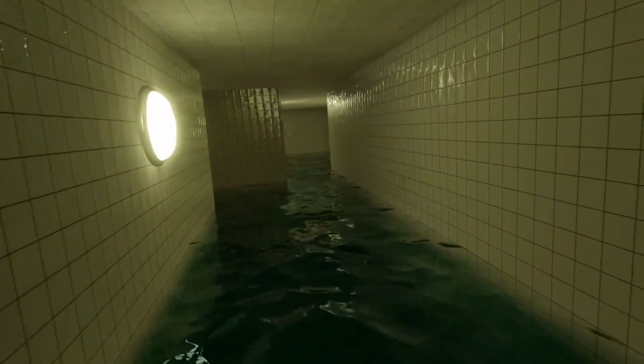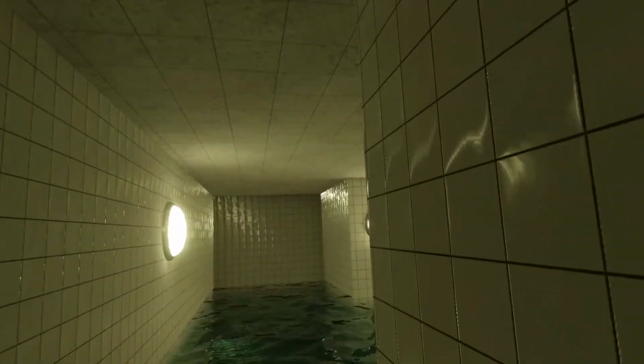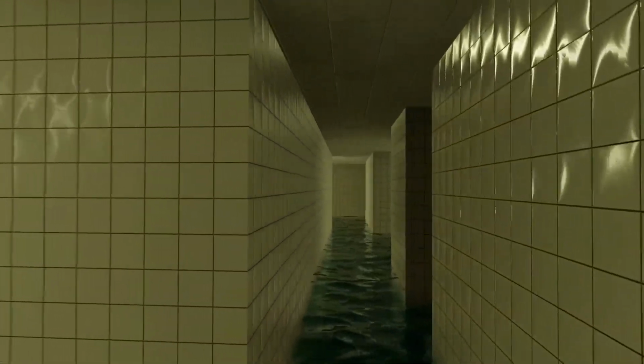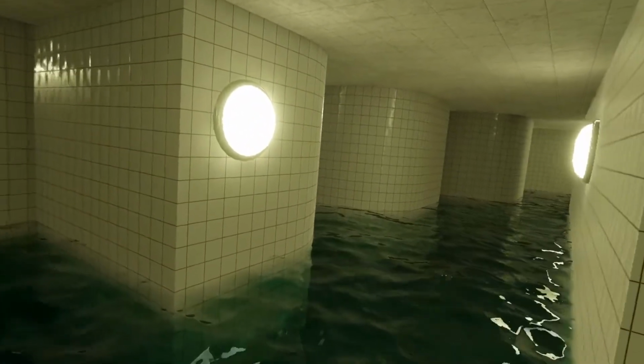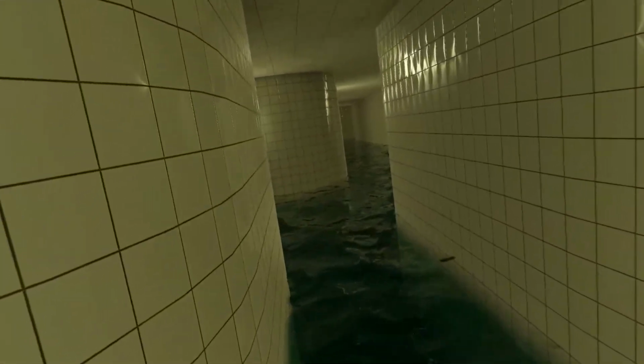Potential dead end. Yeah. Battery level low. But can't stop here. Need to push on.